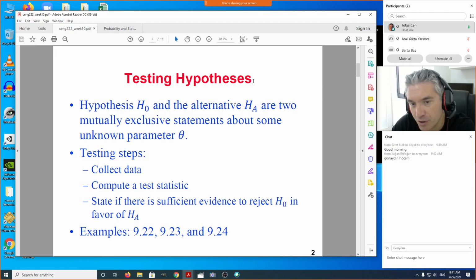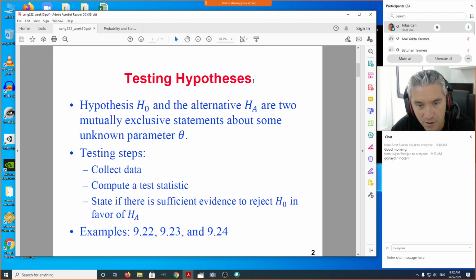The null hypothesis is usually to indicate the normal case, and if our sample provides sufficient evidence against that normal, or depending on what you're testing against, the null hypothesis is rejected in favor of the alternative hypothesis if our sample shows significant difference from that null hypothesis, null distribution.